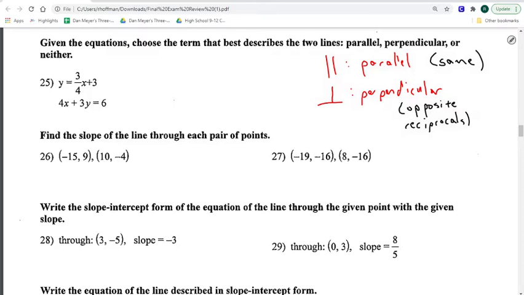And so when we go through and look at the equations of the lines, we should focus on the slope and seeing what kind of slope we have.